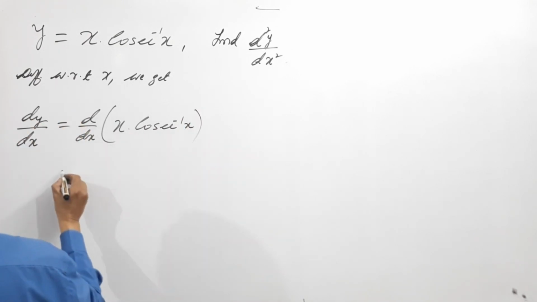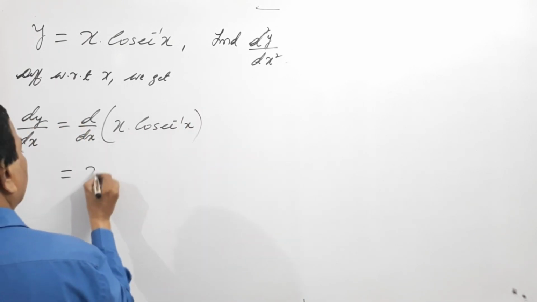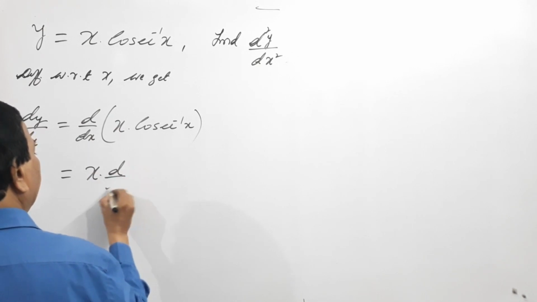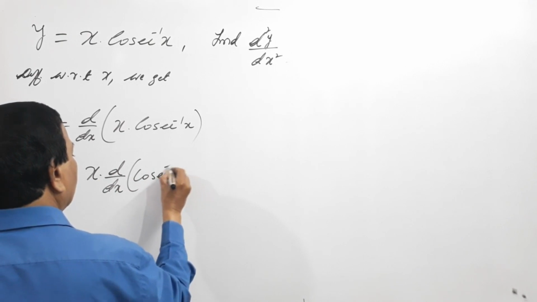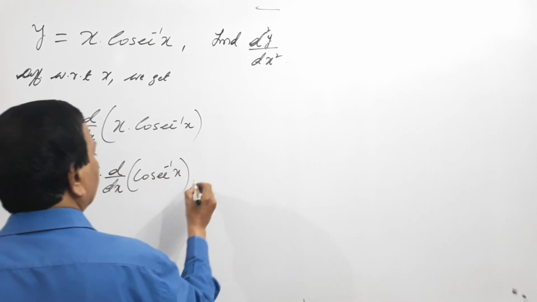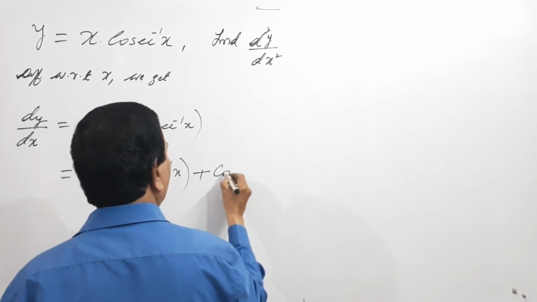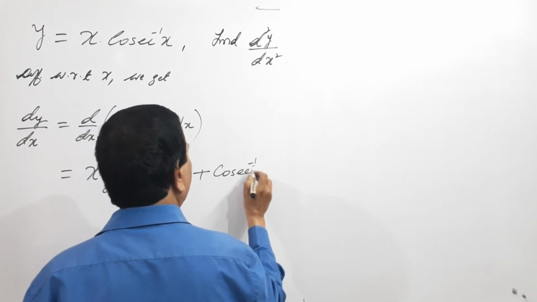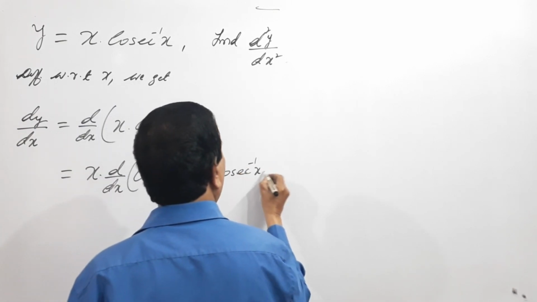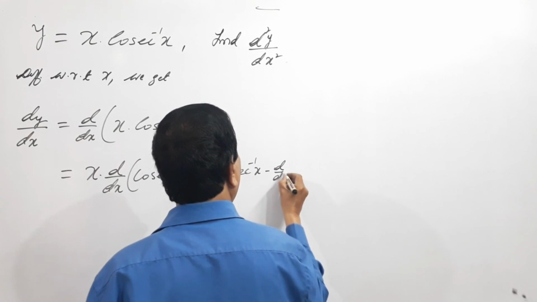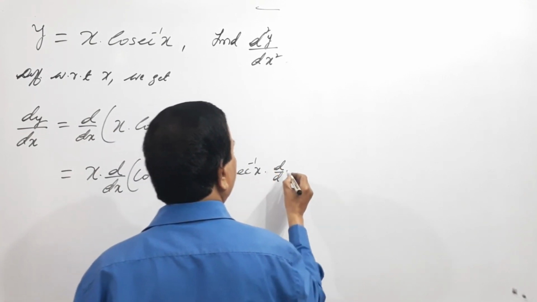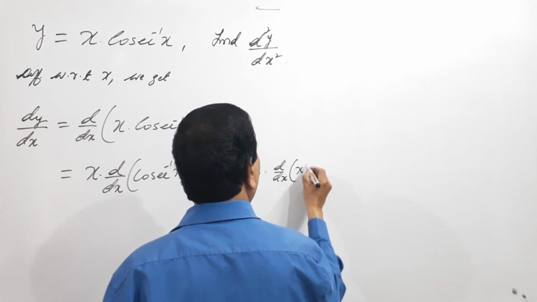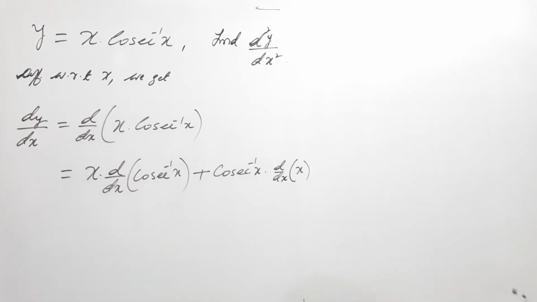So we will use product rule, that is nothing but x as it is, d by dx of cosecant inverse x plus cosecant inverse x into d by dx of x.